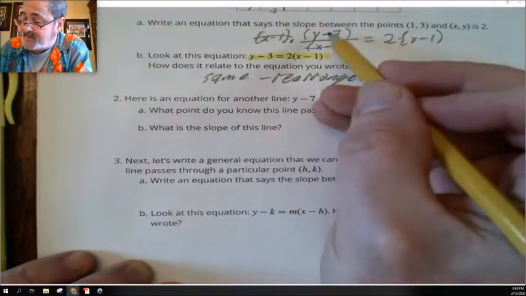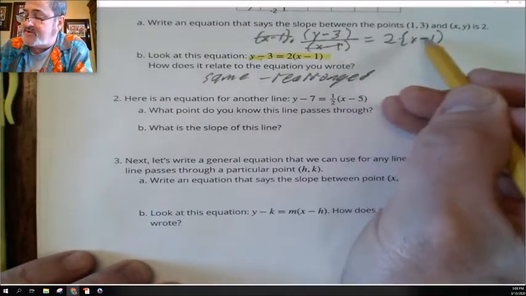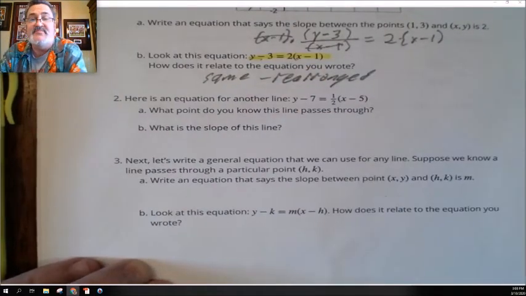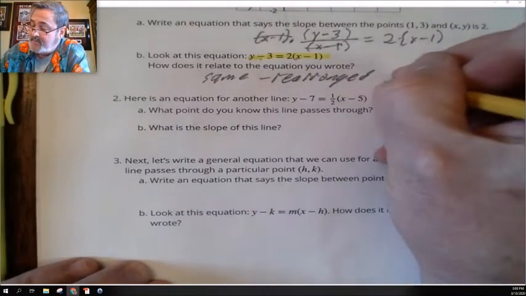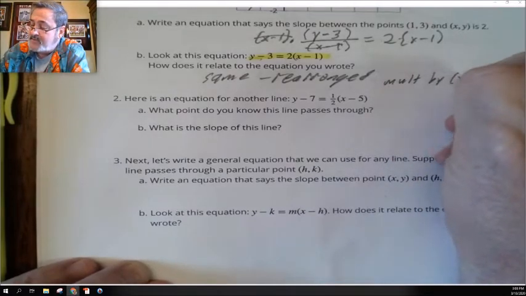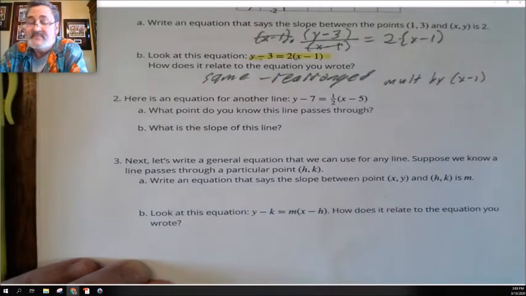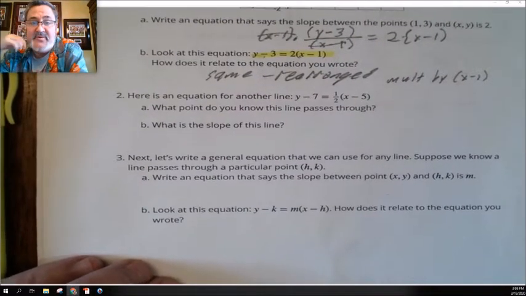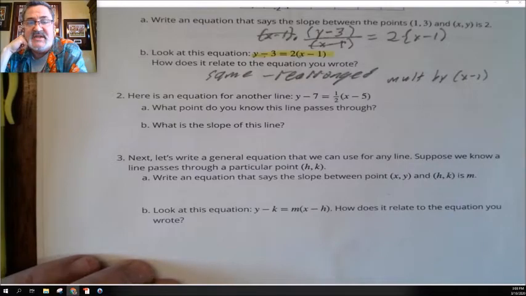So it leaves y minus 3 equals 2 times x minus 1, which is what the yellow equation is. It's the same one rearranged. Multiply by x minus 1. Okay, I can see that. So same equation of a line, just in a different form.